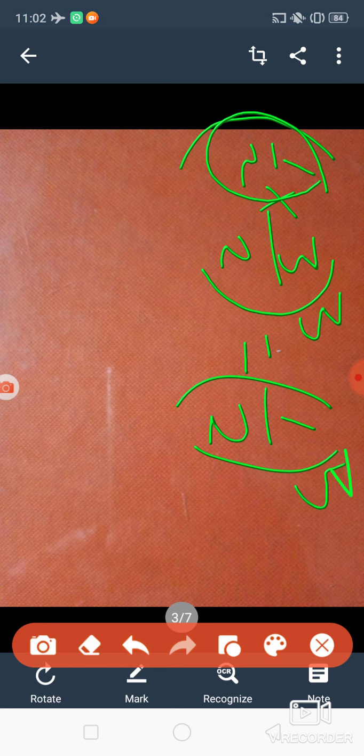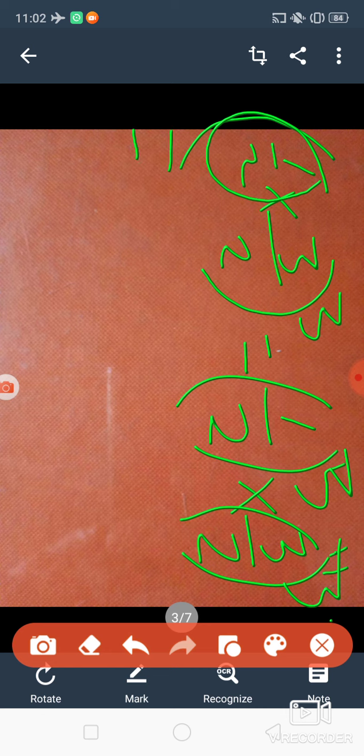So according to the laws of exponents, what can we write? Separately we can write (1/2) to the power 3 into (3/2) to the power 3. Okay, so separately we can write.